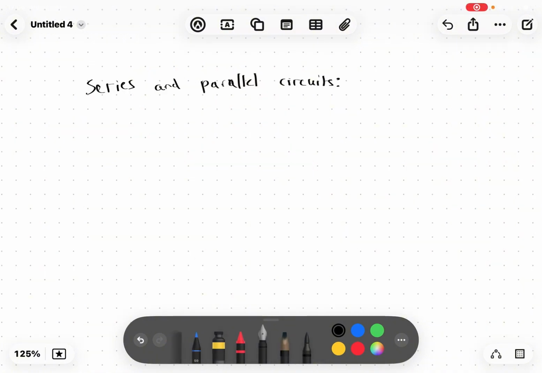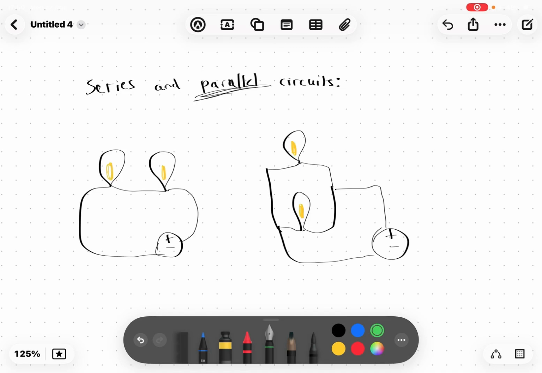And now let's talk about parallel circuits. Last time we talked about series, right? So the current goes here. An important fact that I kind of missed out is that if one bulb breaks, the whole thing stops working, because that's just how it works.